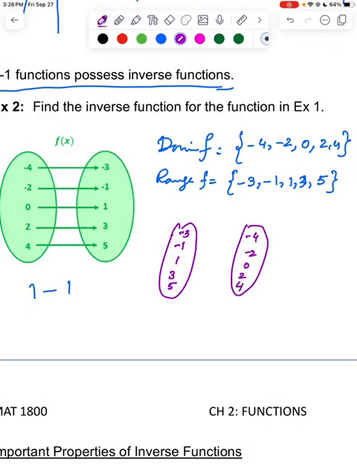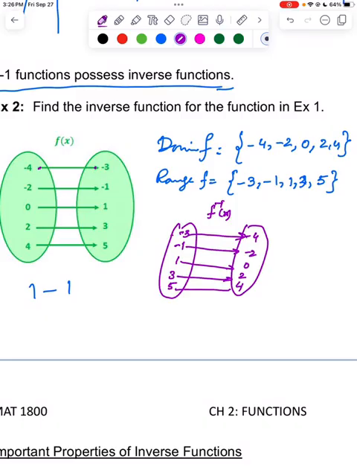But now when we map them, from -4 we were getting to -3. So in the inverse function, which I will write here as f inverse of x, -3 will go back to -4. So -1 will go to -2, 1 will go to 0, 3 will go to 2, and 5 will go to 4.